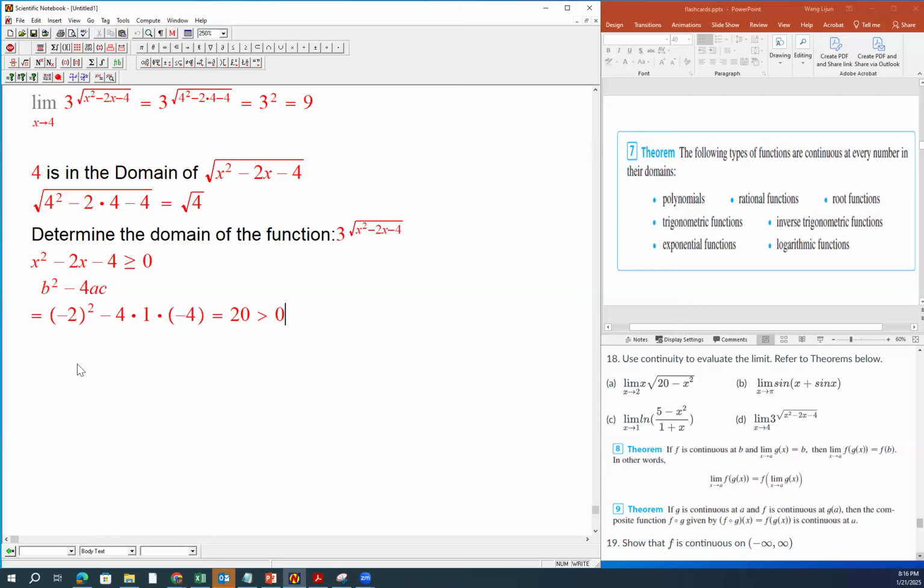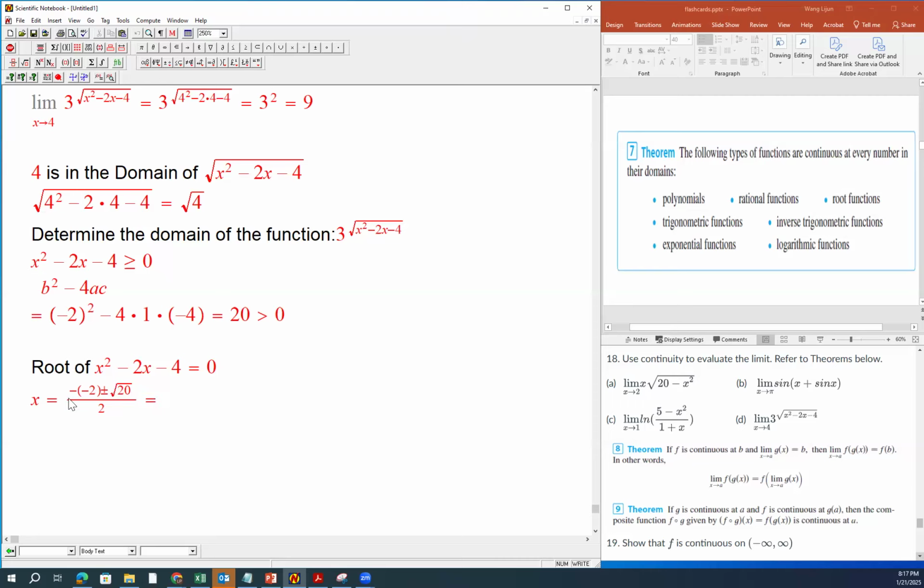So you're going to find the roots of this piece equal to 0. x equals negative b, b is negative 2, so 2, plus minus root 20, over 2a, 2 times 1, right?